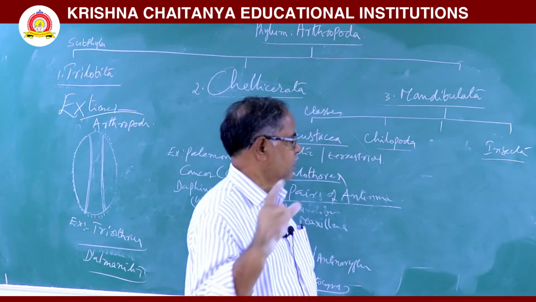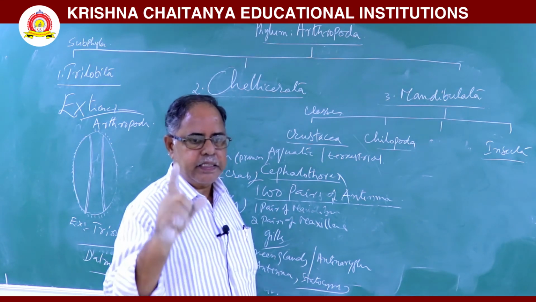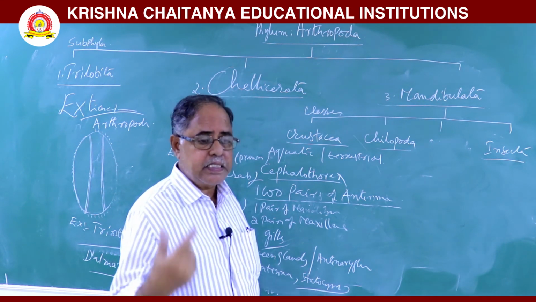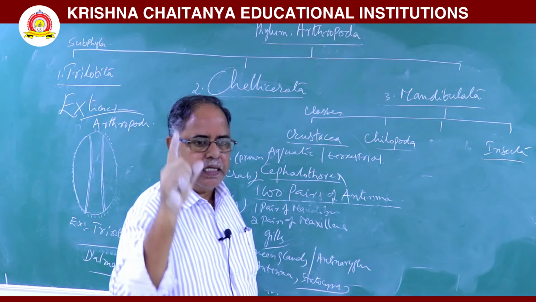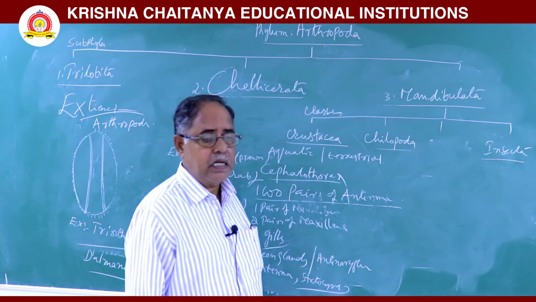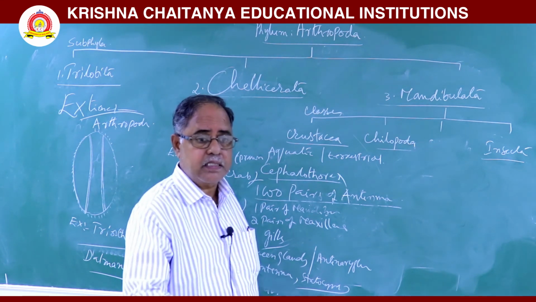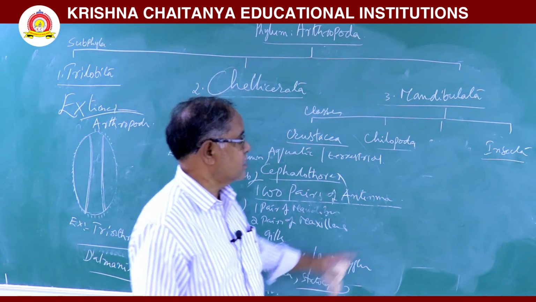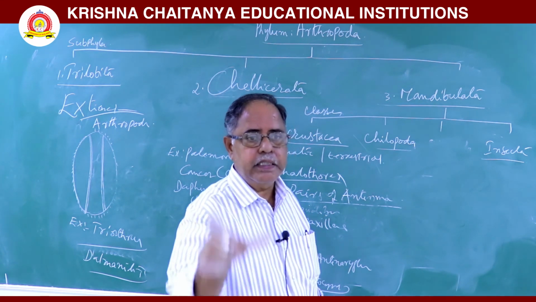In the thoracic region, three segments are there. On the ventral side of the thorax, each segment bears one pair of jointed legs. That's why this class is also called Hexapoda, because six legs are there. Three pairs means six legs.